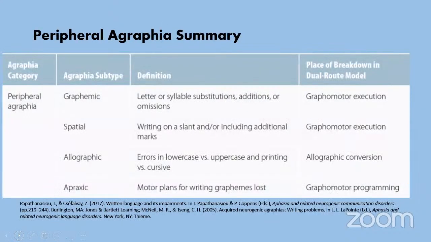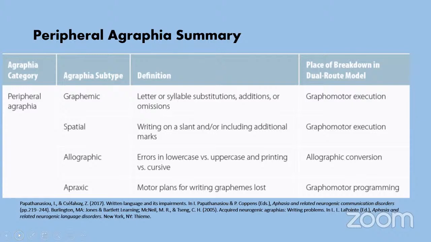In summary, peripheral agraphia includes graphemic, spatial, allographic, and apraxic. In graphemic peripheral agraphia, letter substitutions, additions, or omissions take place in the graphomotor execution, the place of breakdown in the dual route model. In spatial agraphia, there is writing on a slant, including additional marks, and not on a horizontal line, and they'll write additional things on paper.